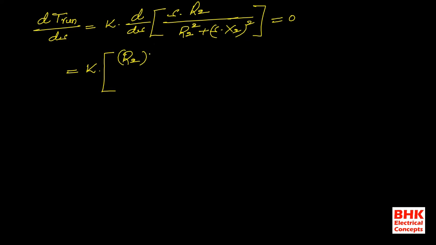So r2 into v, directly writing u dash v: u dash value is r2 and v is as it is, that is r2 square plus s into x2 square, minus u v dash.